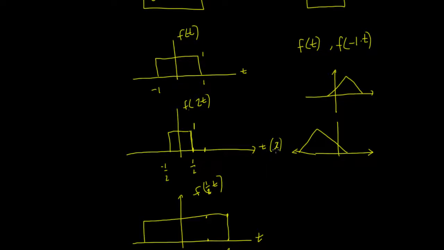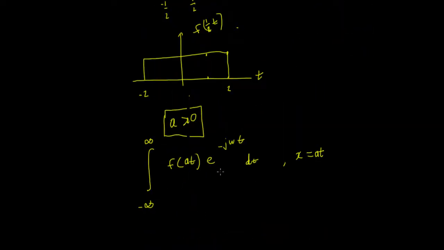The reason for doing that is now we can say that's an x-axis, that's a t-axis, and we know the relationship between the two axes, so then we can find out what the difference is between these two axes in the frequency domain. So that's the reason for doing that change of variable.